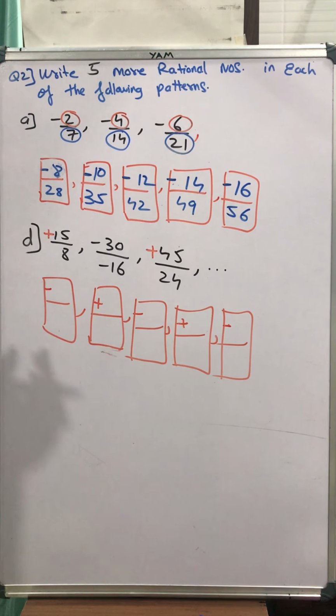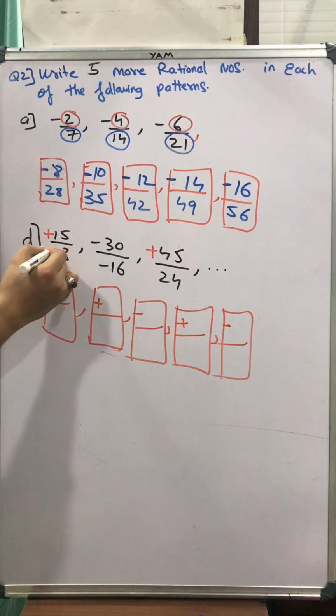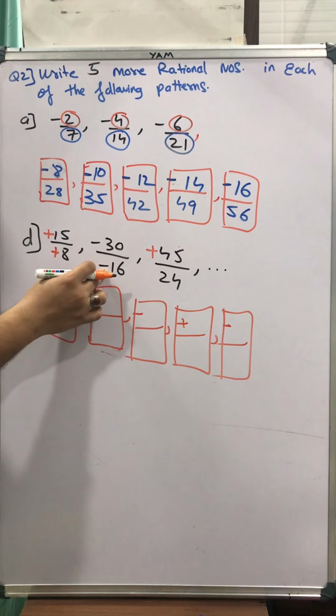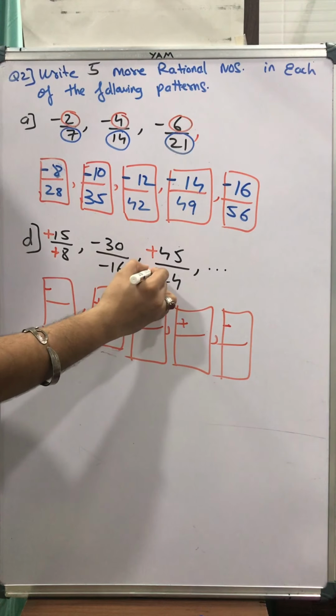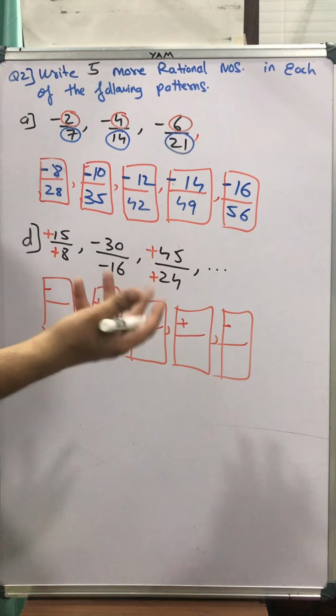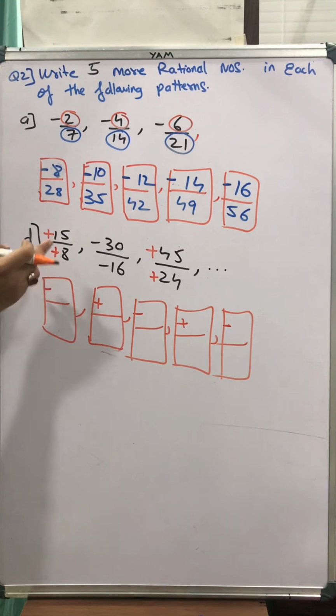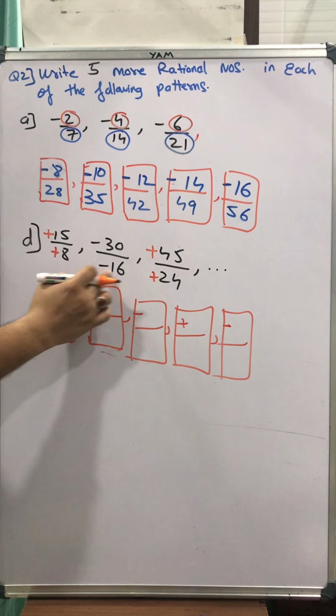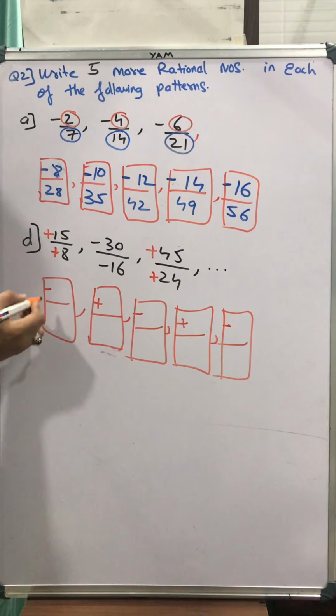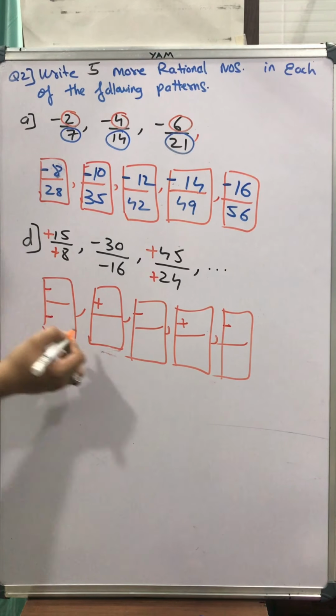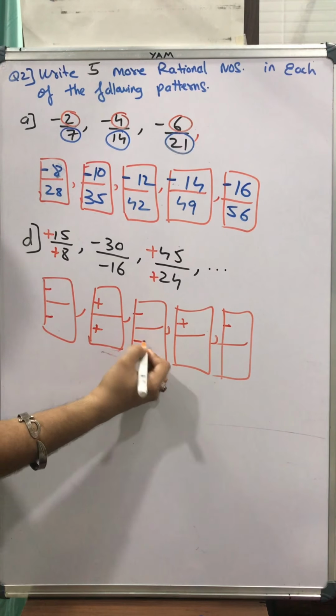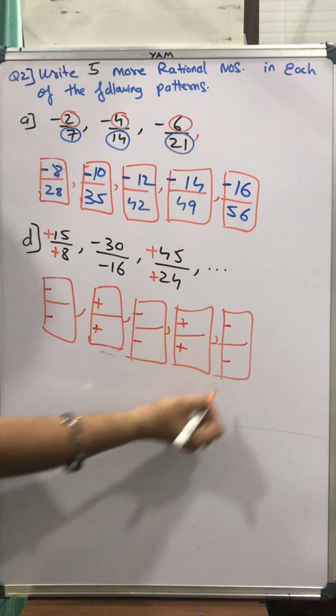Now let's see about the denominators. In the denominator I have plus, plus, so here comes minus. Then once again I have plus here. Nothing is mentioned in front of it, which means it's by default plus. So plus, minus, plus, the next will be minus, plus, minus, plus, minus.